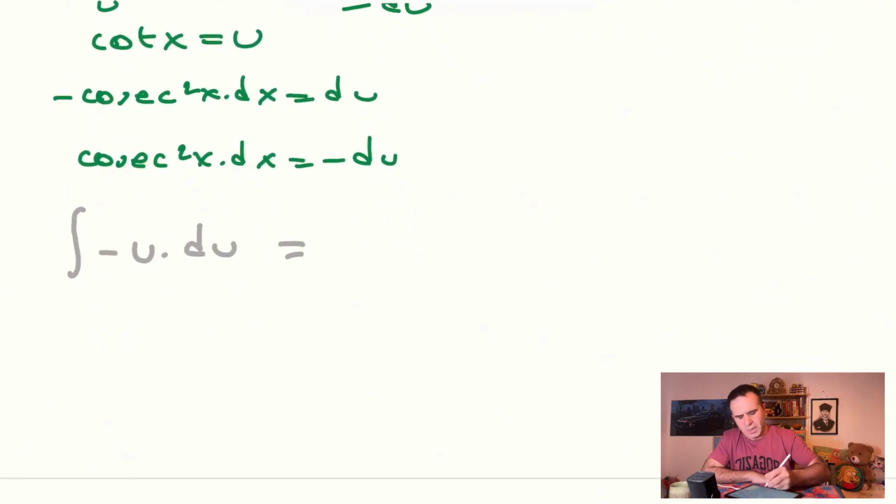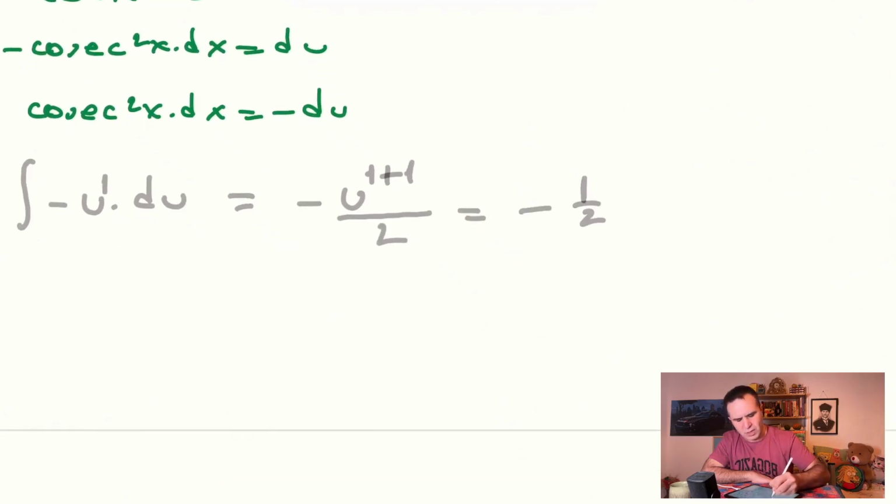The integral of minus u is minus, we add 1 to the exponent. Here we have exponent 1, and we add 1 to it and divide by the new exponent 2. Then this is equal to minus 1 over 2 times u square.